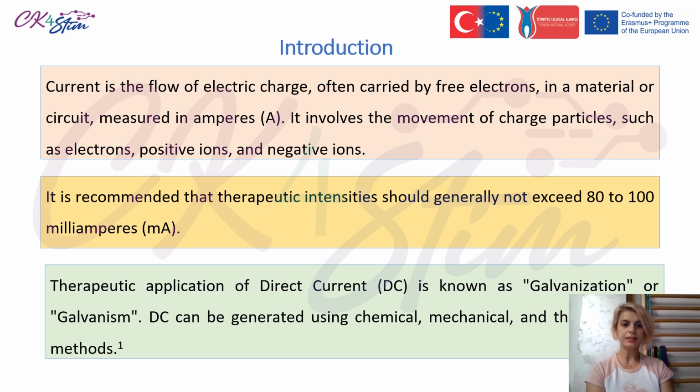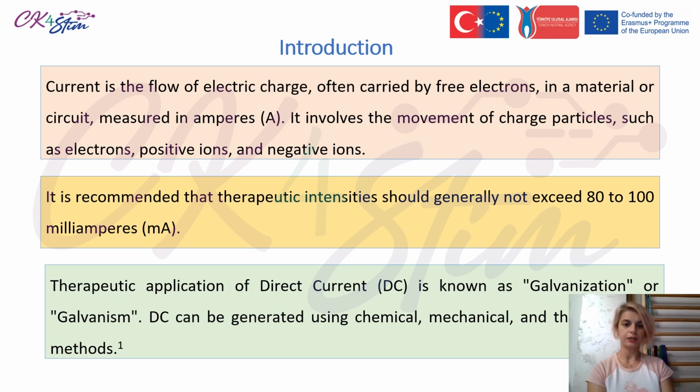So current signifies the movement of electric charge, often facilitated by free electrons within a material or circuit. It's quantified in amperes and involves the motion of charge carriers like electrons, positive ions, and negative ions.